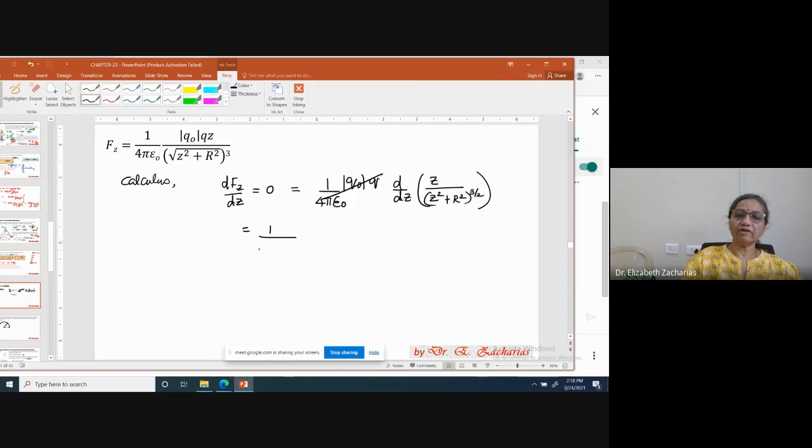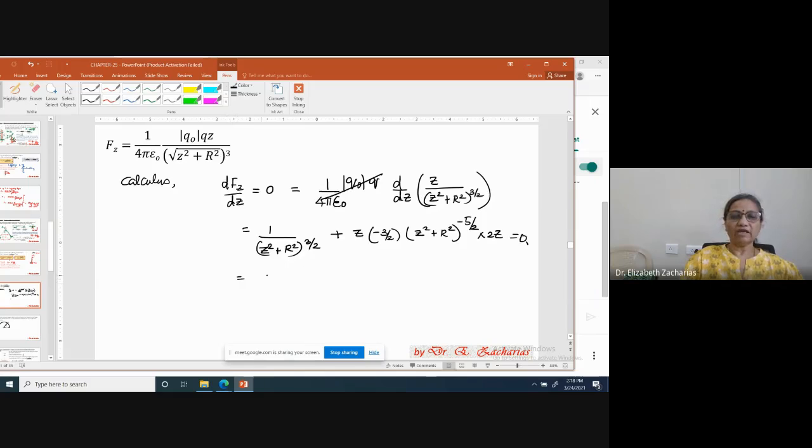So what will I get? I will get 1 by (z square plus r square) to the power of 3 by 2. Then what will I get? Plus z into minus 3 by 2, taking the denominator and differentiating, into (z square plus r square) to the power of minus 5 by 2 into the differential of z square, that is 2z, equal to 0.